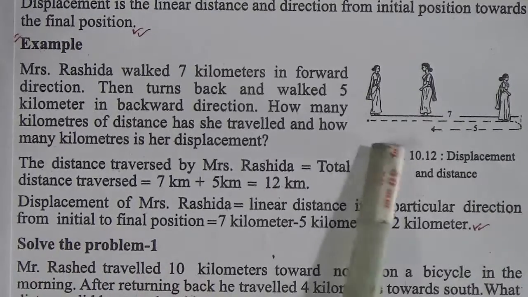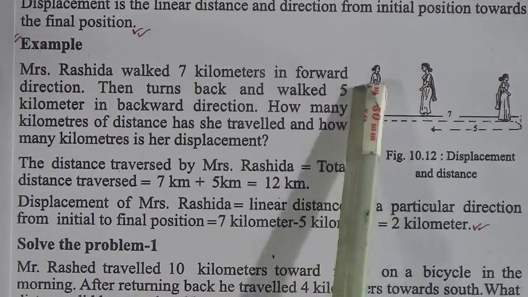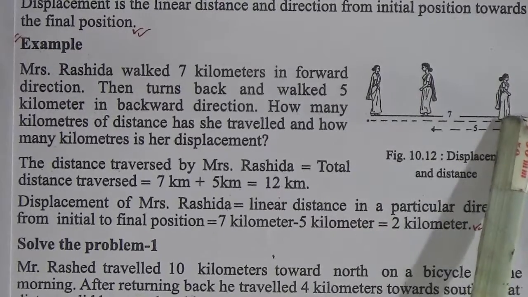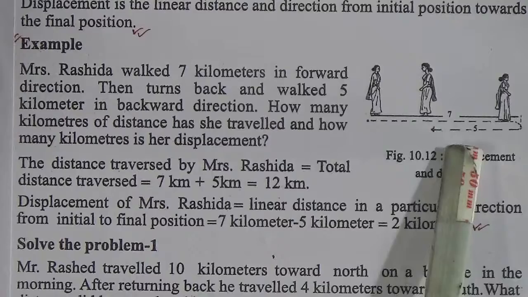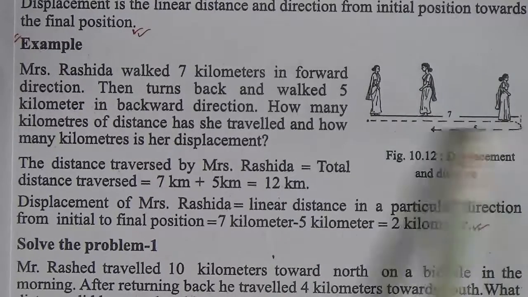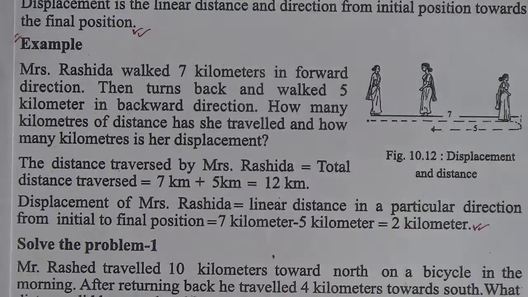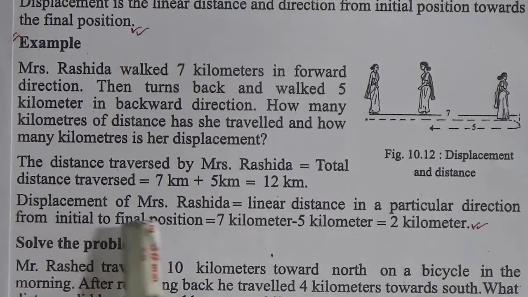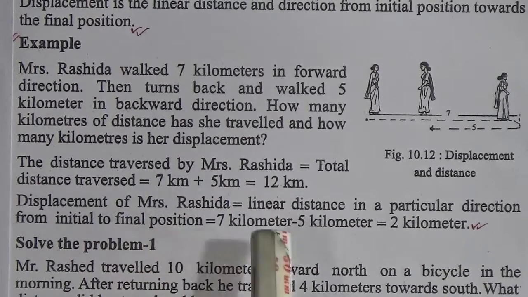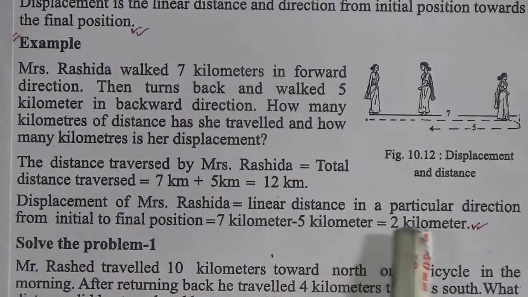That means she went from the initial position to the final position, 7 km minus the backward 5 km, equals 2 km.